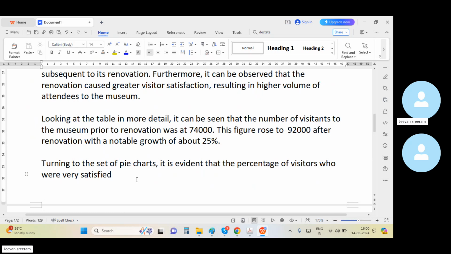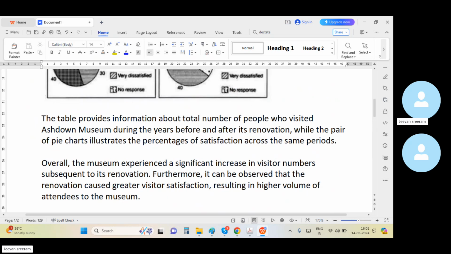Basically, you can simply mention satisfied visitors, but I just want to give a clear meaning elaborately. So I may make use of the phrase percentage of very satisfied visitors, or satisfied visitors in the next sentence. So I'm going to have another noun phrase to write a new sentence.